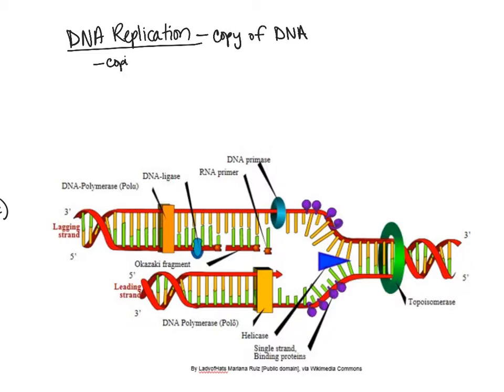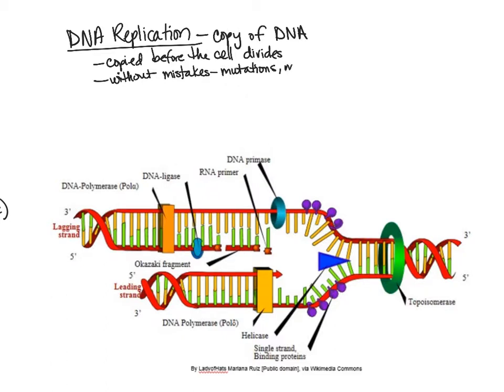So let's see, copied before the cell divides. And it must be copied without mistakes. If we do end up making mistakes in the DNA or in DNA replication, then we can end up having what are called mutations.